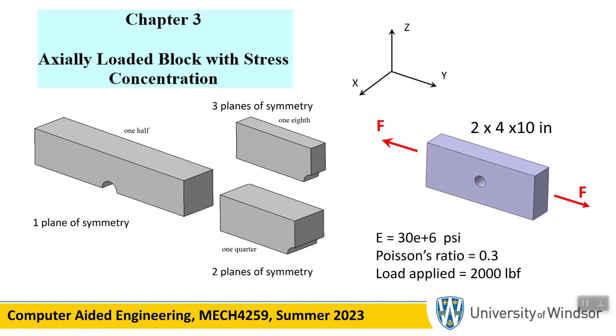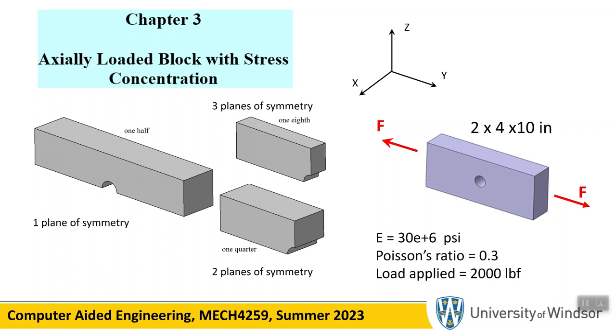Although if the hole is far away from those ends, fixing this end and applying load F here, or applying F on both sides, or applying the corresponding pressure on both sides is not going to have an effect on the stress distribution around the hole if this is long enough, but you have to do the problem that I'm asking you to do, namely left end and right end are both subjected to the force that's given.